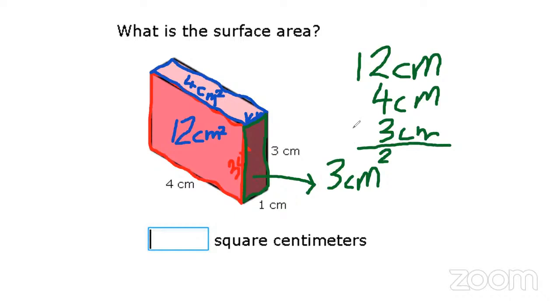So we first have to add all of these. We can do it different ways, but I'm going to add all of these, which will give me 12 plus 4, 16 plus 3, 19 square centimeters. And since we have 2 of each, we will do what to get our final answer?